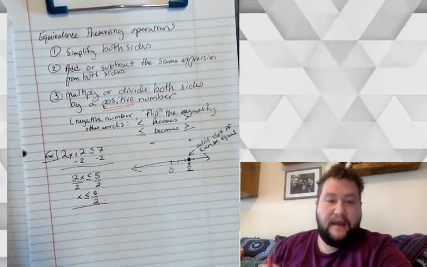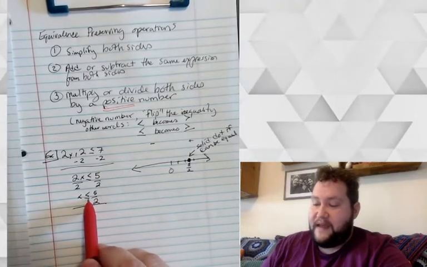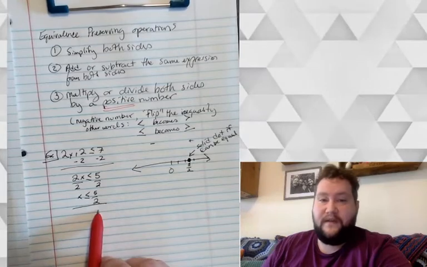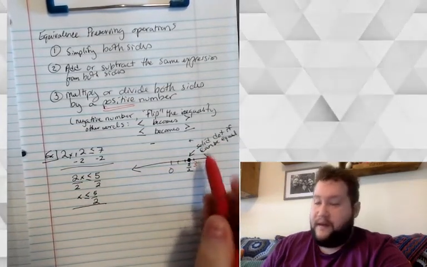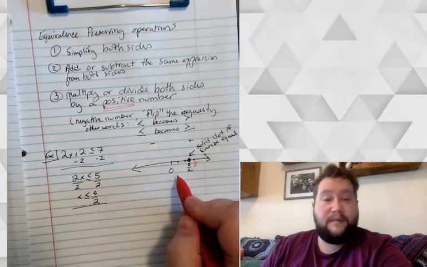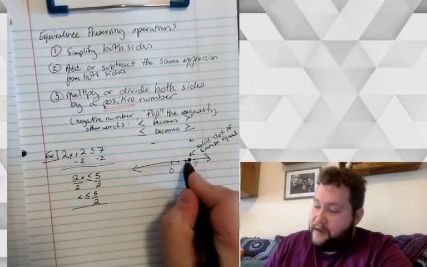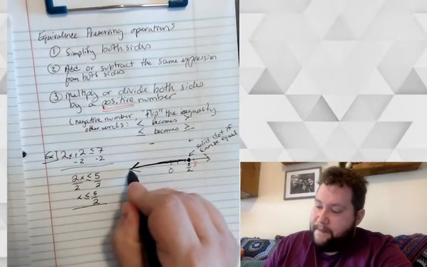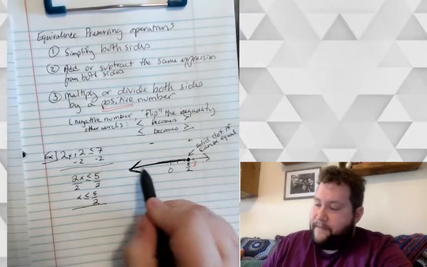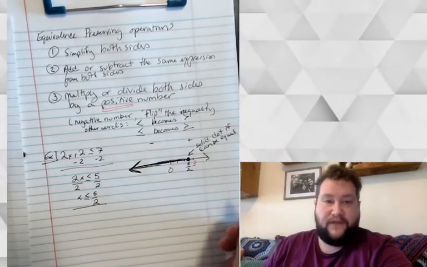And if x has to be less than or equal to 5 halves, well, if I were at, say, 3, I would be greater than. But if I were at 2, I would be less than. And so I will shade in this side of the number line, and it goes up and stops at 5/2.